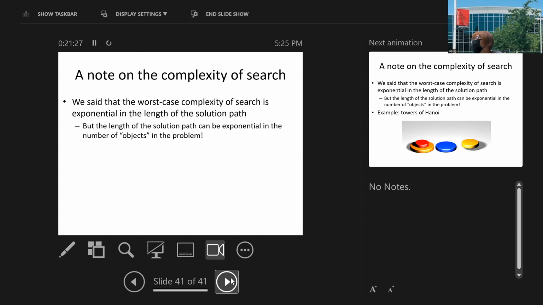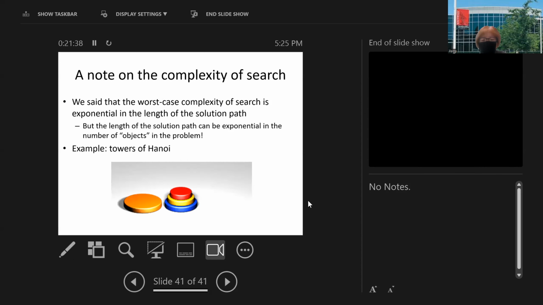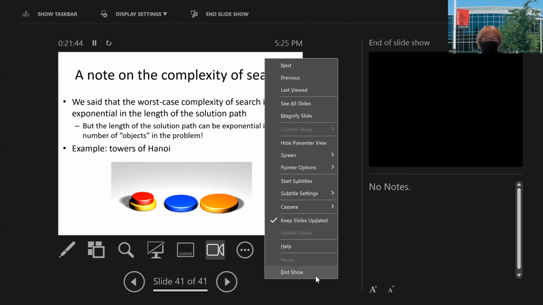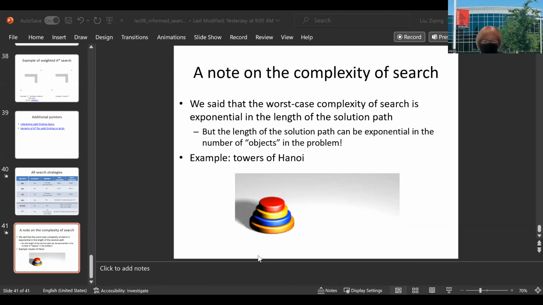So we can see it can grow huge. Very interesting. Here it gives us an example. Okay, so that's about heuristics.